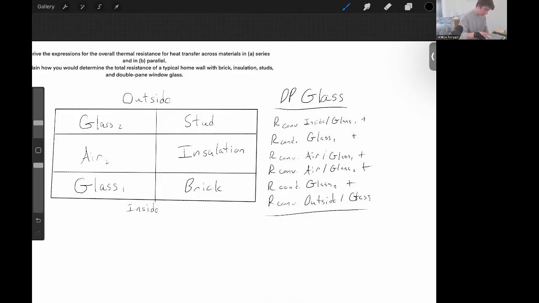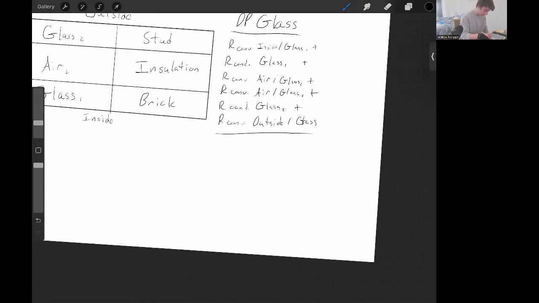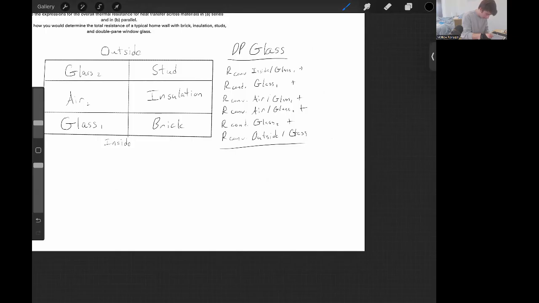Now let's go ahead and go to the right side. We're going to just call this the wall. So the wall is probably going to be a little bit more simple because it's a lot more conduction on this side. We have convection coming in from the inside, which then meets the brick. Now we have the conduction of the brick.